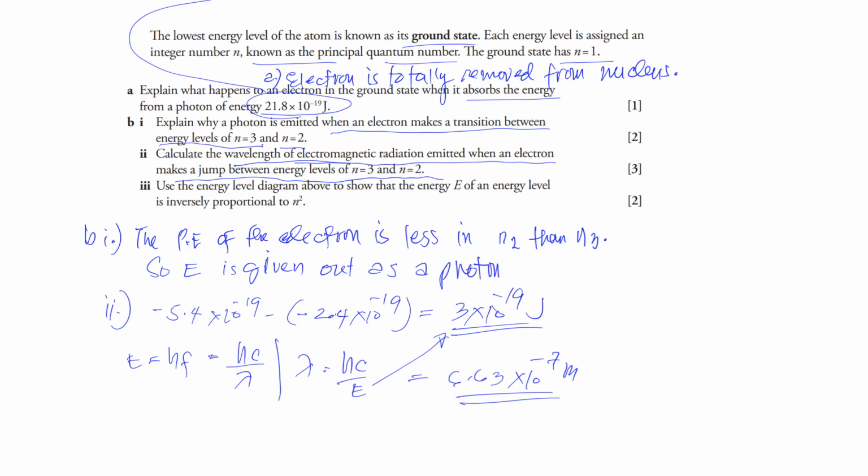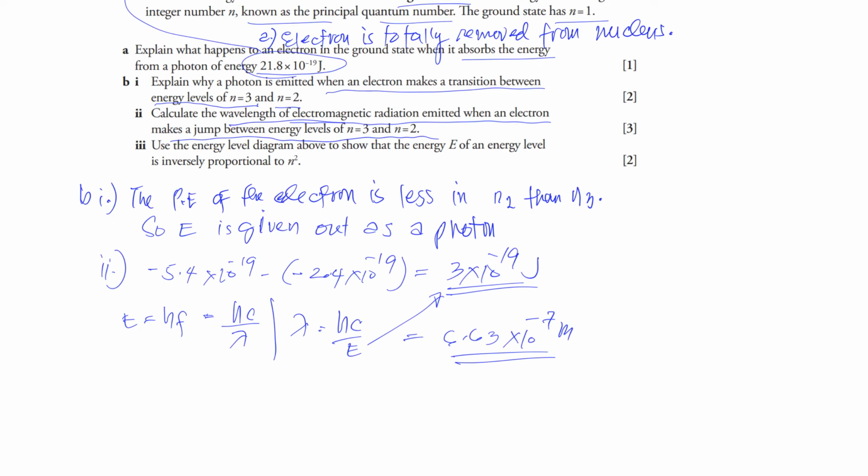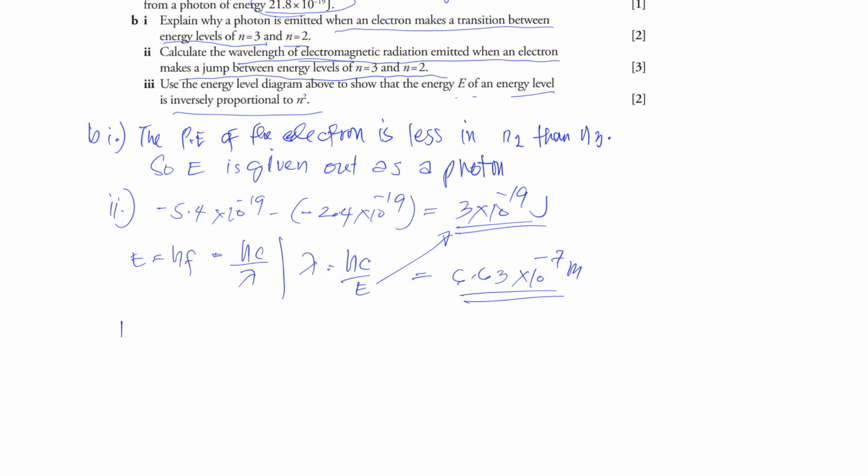Next is number 3. Use the energy level diagram to show that the energy of an energy level is inversely proportional to n squared. So energy is inversely proportional to 1 over n squared.